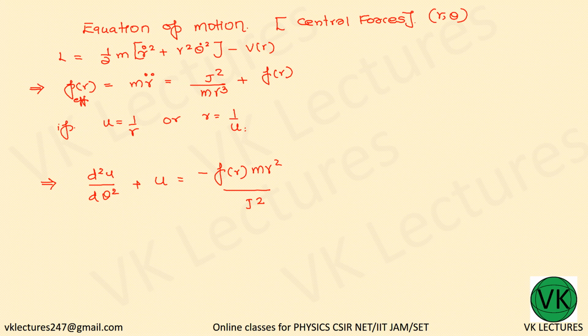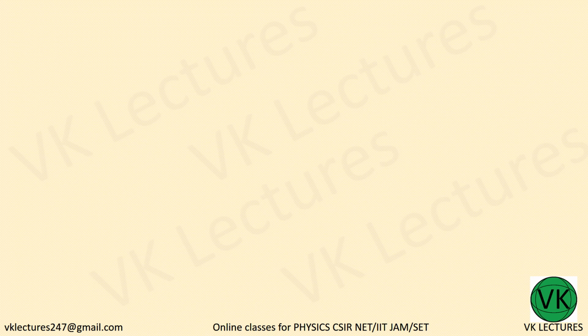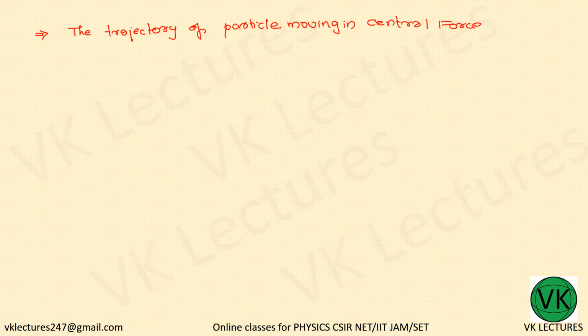To understand this concept, let us do a problem, that is the trajectory of a particle moving in a central force, r is equal to e to the power minus theta.